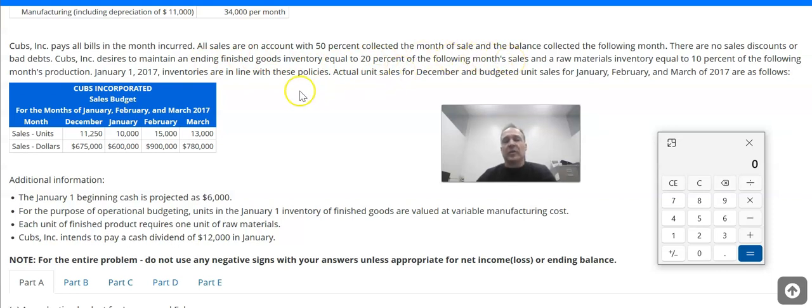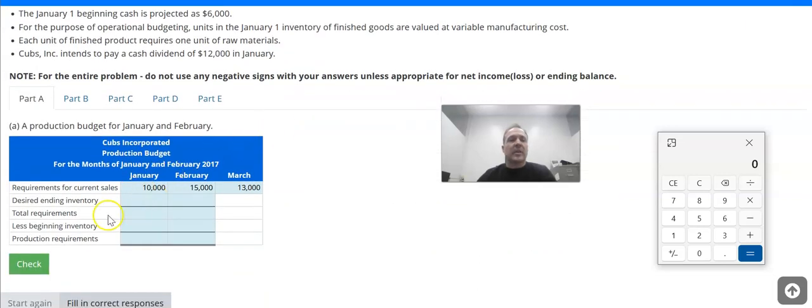Okay, and it also says that January the 1st, 2017 inventories are in line with these policies. So that's great, because that will help us tremendously.